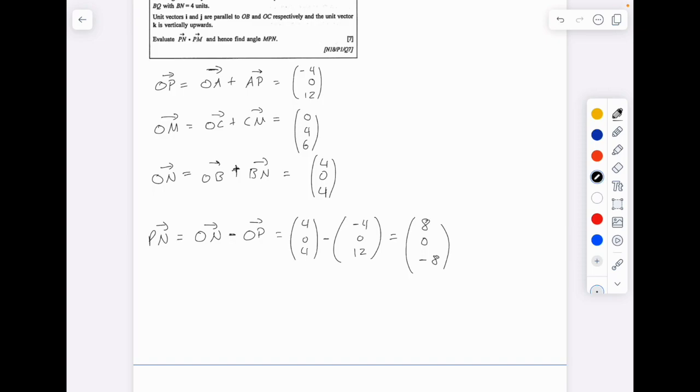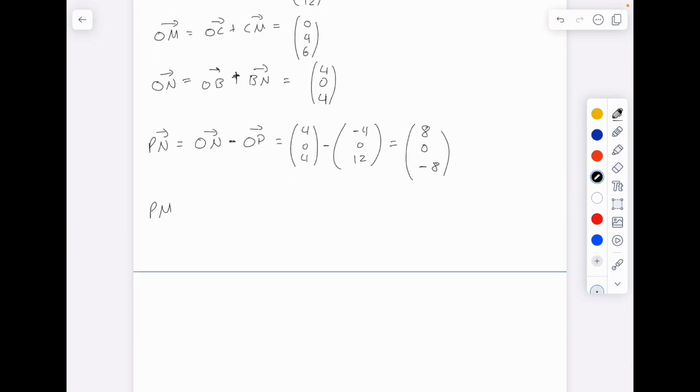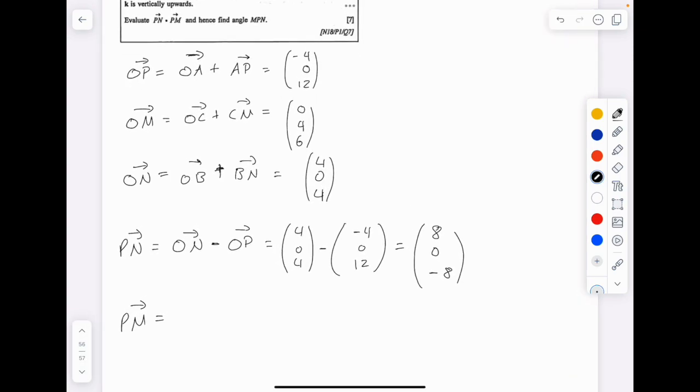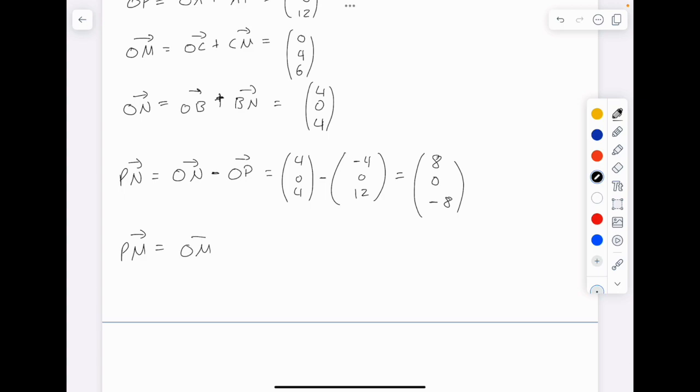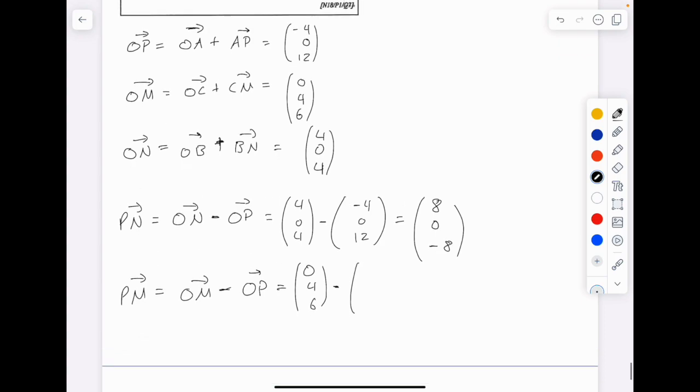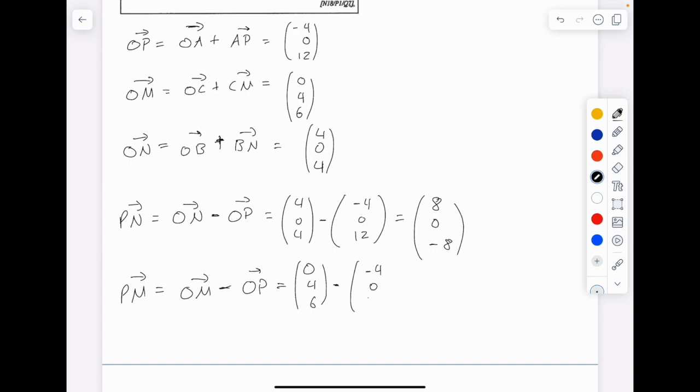So we got that. Now PM, in the meantime, PM is going to equal OM minus OP, which is (0, 4, 6) minus (-4, 0, 12), which gives you (4, 4, -6).